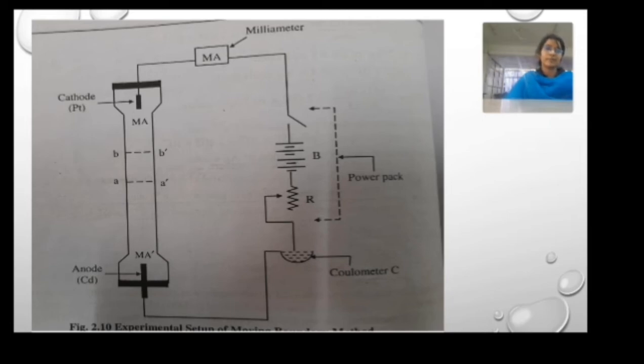The coulometer is denoted by C, and here is the power pack. This is the connection of the moving boundary method. Then, looking at this, we will explain how this apparatus works.